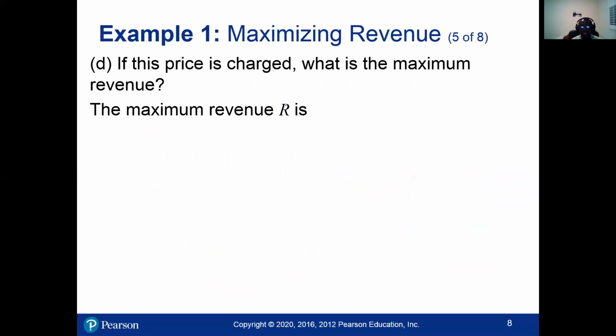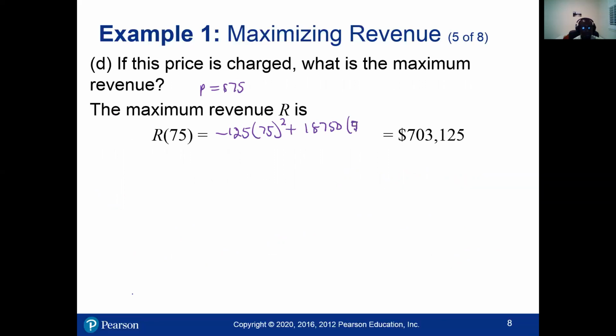Maximum revenue is given when we substitute the price, P equal to 75, into the revenue function, which is minus 125 P squared, so 75 squared, plus 18,750 times 75. When you evaluate, you get $703,125.